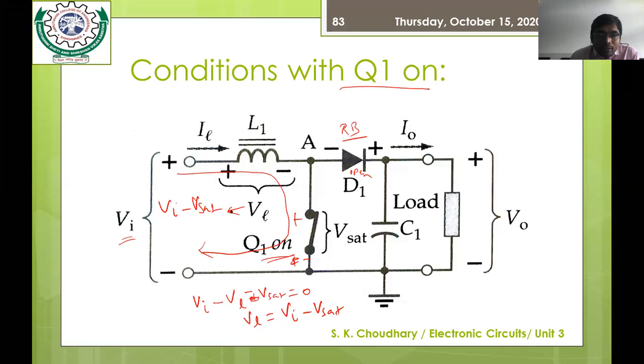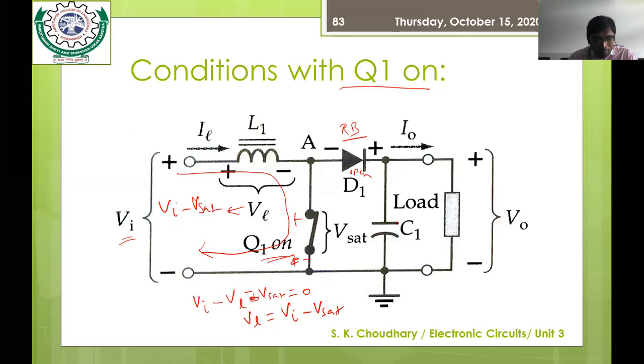The current in this particular inductor increases linearly, and the inductor starts to store energy during this on mode. The output voltage across the capacitor decreases, because the diode is in reverse bias condition, so whatever charge is already stored on the capacitor starts discharging.